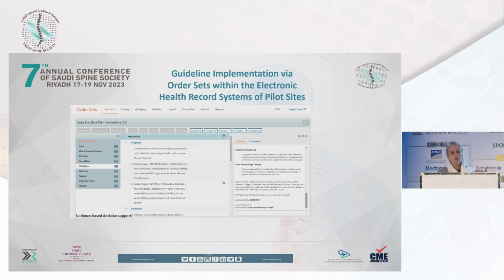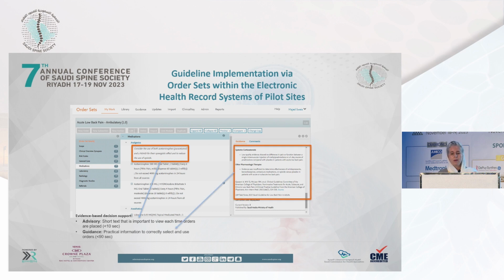But there's additional guidance there for them to look at, the so-called advisory text, which is always there. And for those sections that have the little icon on the right-hand side, they can open up the guidance part. And that includes references. It includes the reference also to the guideline program.